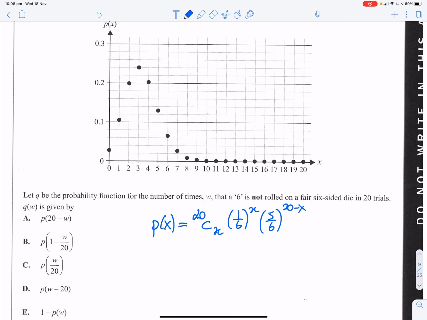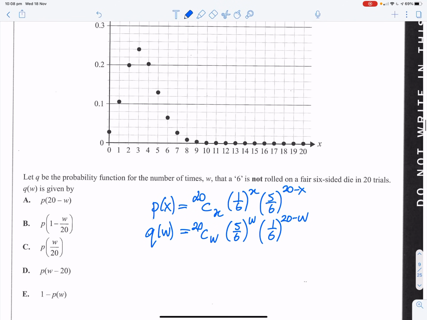Q is the probability function for the number of times w that a 6 is not rolled. Q of w is 20cw, not rolled to the power of w, rolled to the power of 20 minus w. They look very similar.